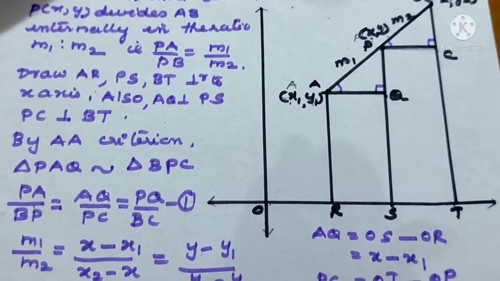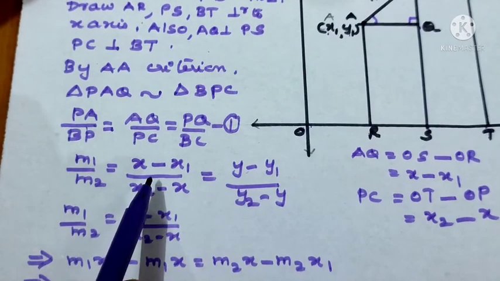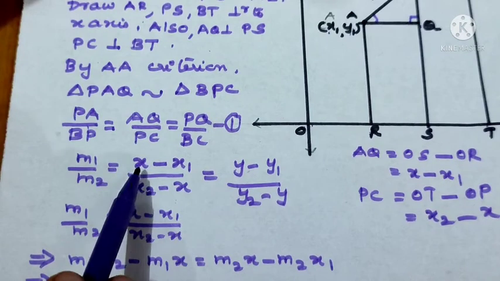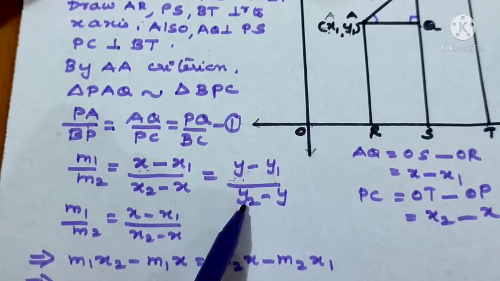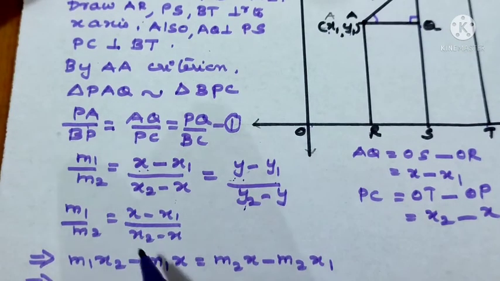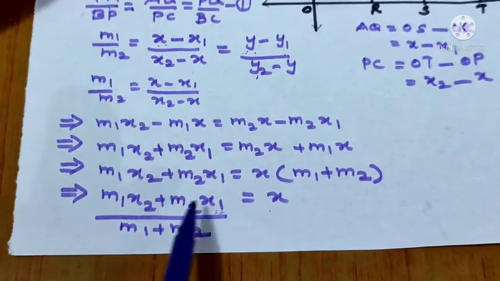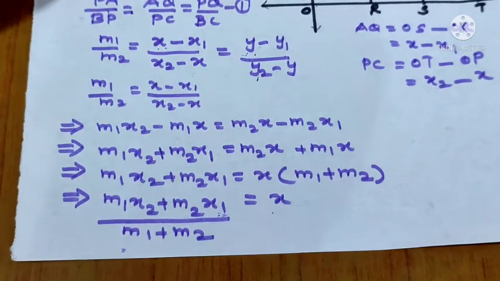Similarly the y coordinate; if you understood the x coordinate then it is easy. Now we are substituting the values: x minus x1 divided by x2 minus x. The change is this much only, x becomes y, right? y minus y1 by y2 minus y. Now from the first and the second ratio we calculate the x value: x equal to m1x2 plus m2x1 by m1 plus m2.